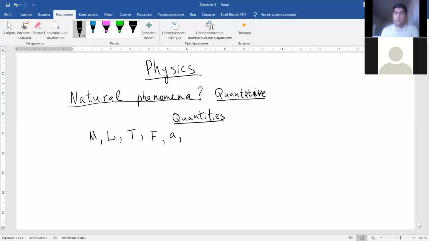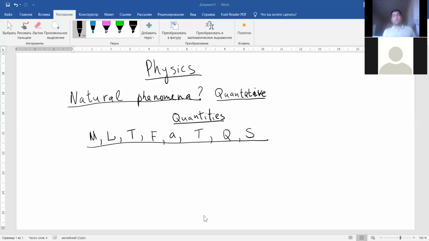Then we have mechanical properties, and thermodynamical properties like temperature, T, like heat, Q, or entropy, S, etc. All of these are physical quantities.